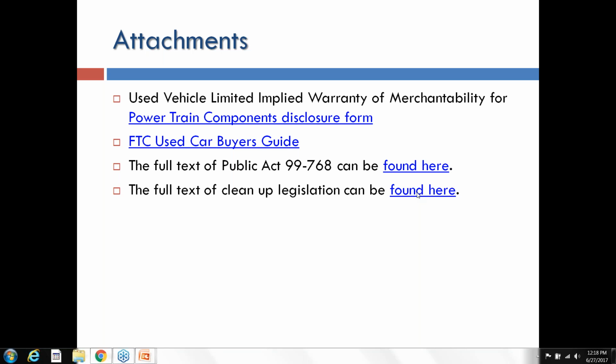You're going to check implied warranties only if you're not doing an express warranty, and then under systems covered, just like in the attachment, put that statement, which is also on one of those slides: powertrain components including but not limited to engine block, head, internal engine parts, et cetera, and so forth. So check the implied warranties box and put that in the systems covered. And if the cleanup legislation takes effect, you can check the dealer warranty box and use the same disclosure.